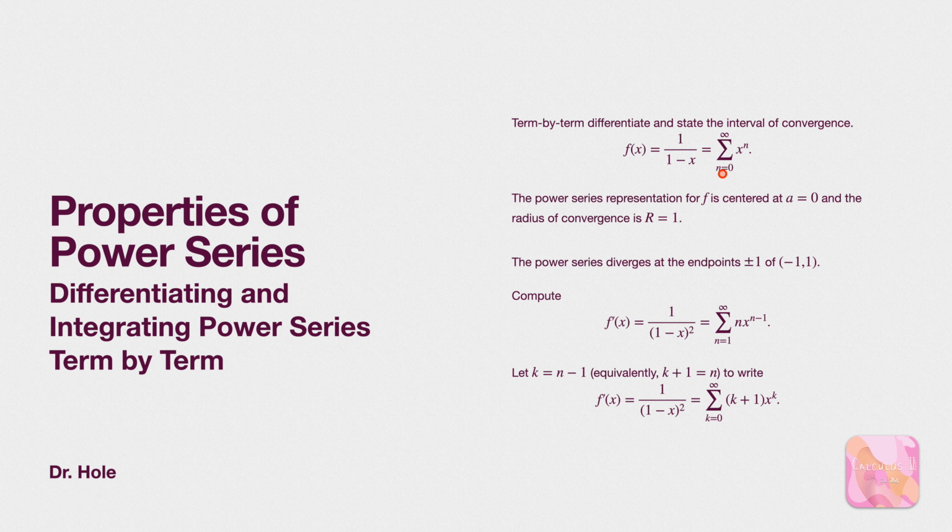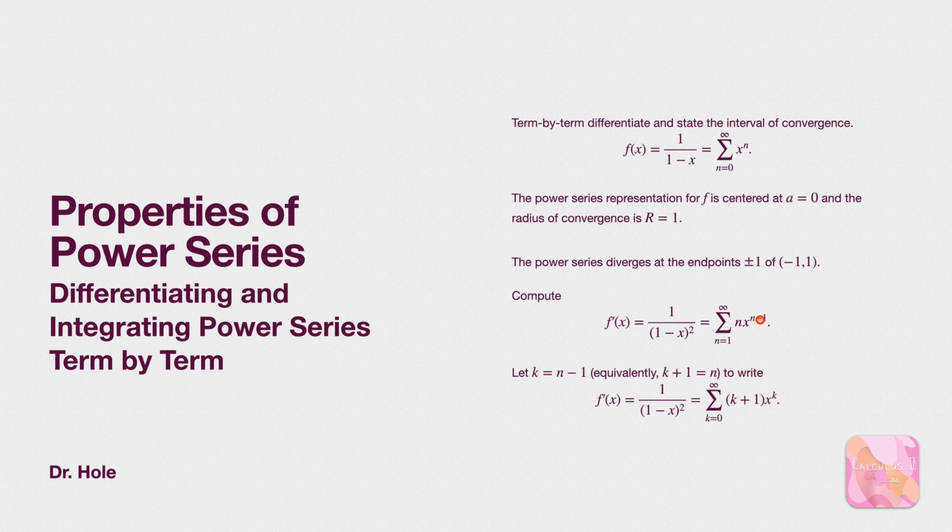When the index was 0, differentiating a constant goes to 0. We could have the n begin at 0, and that's equally represented, but with n equals 0 this term will go away. It's more convenient, however, to start at 1, so that we can do a change of index, introducing a new index variable k. Let k equal n minus 1.